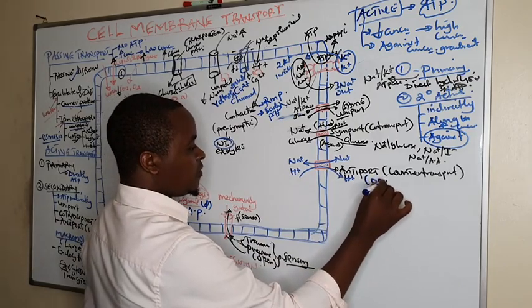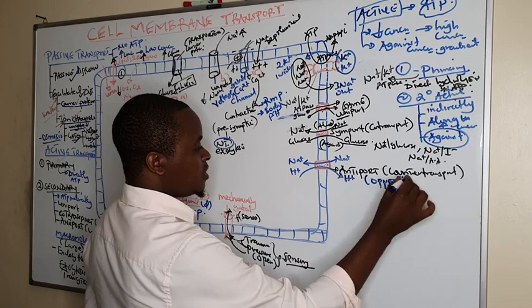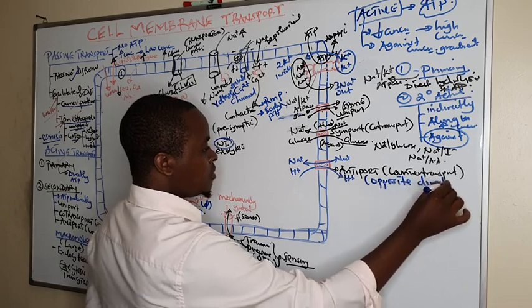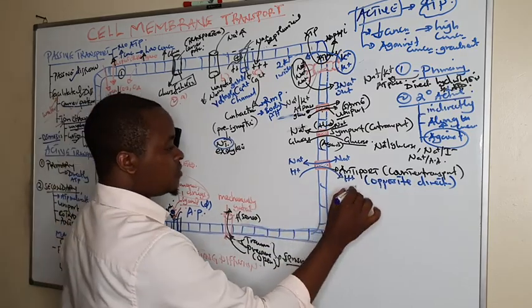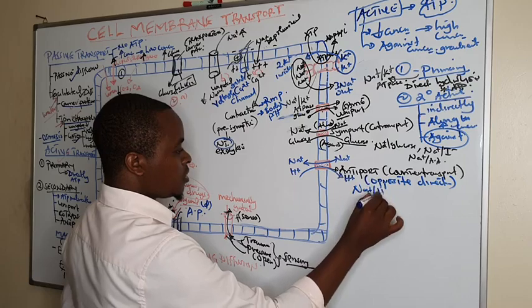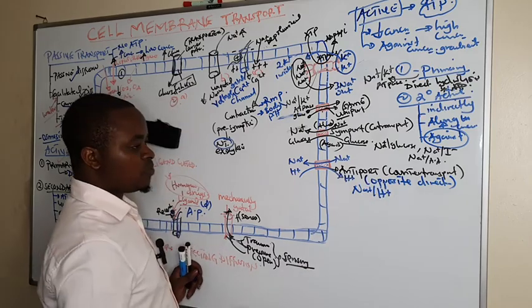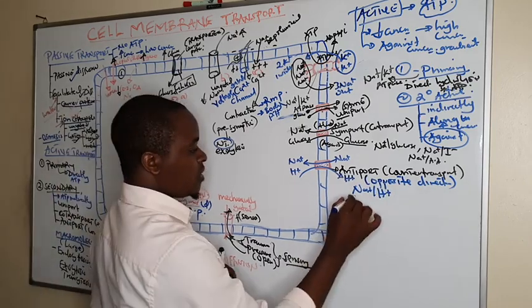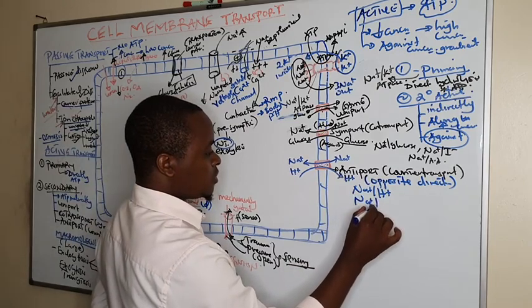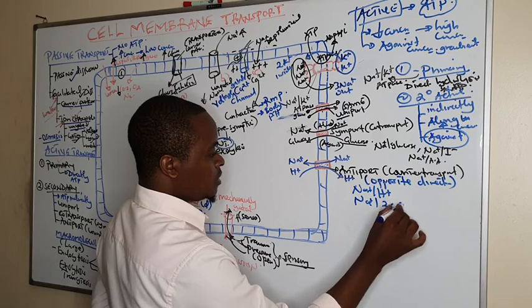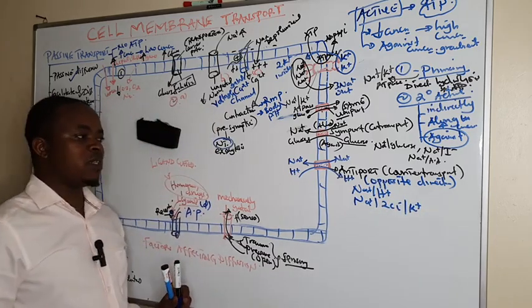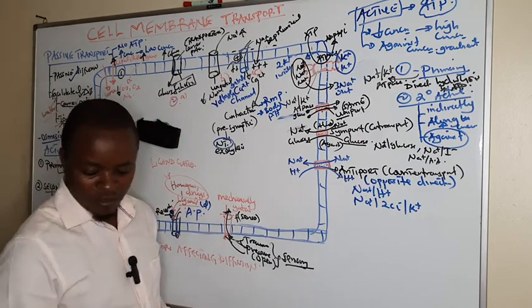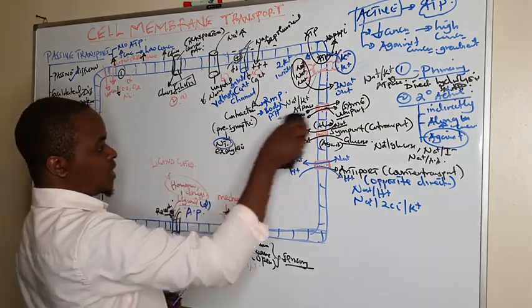Here, different substances move in opposite directions. An example is sodium-hydrogen co-transport. We have also another one, sodium-2-chloride-potassium co-transport. All this is a form of co-transport.